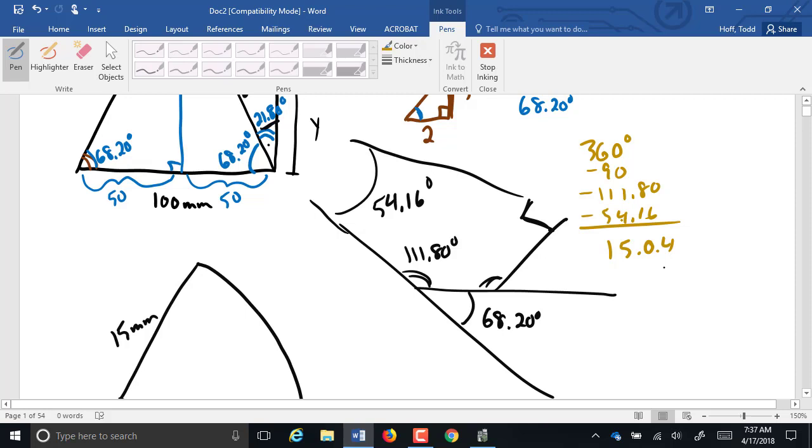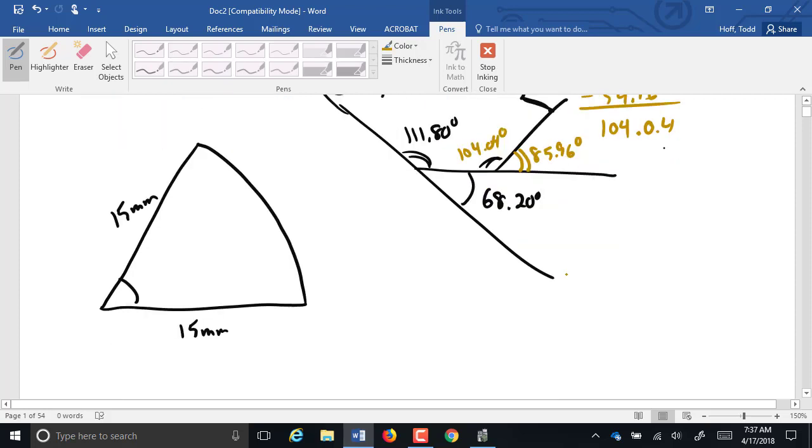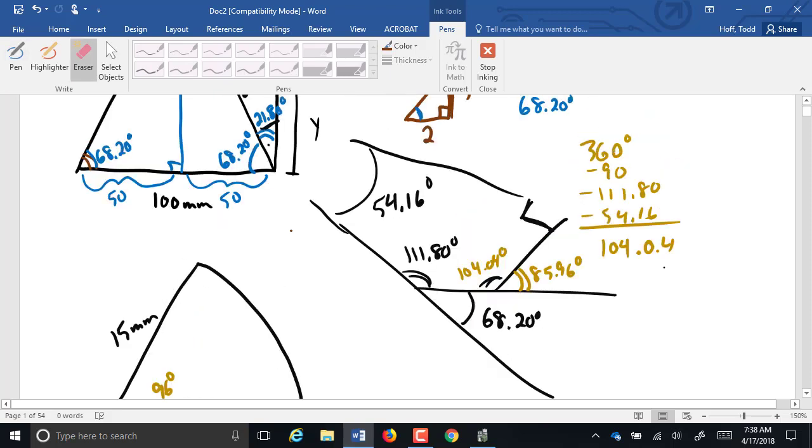Yep, 104.04, you are correct. So it's 104.04 degrees, making this angle here 75.96 degrees.